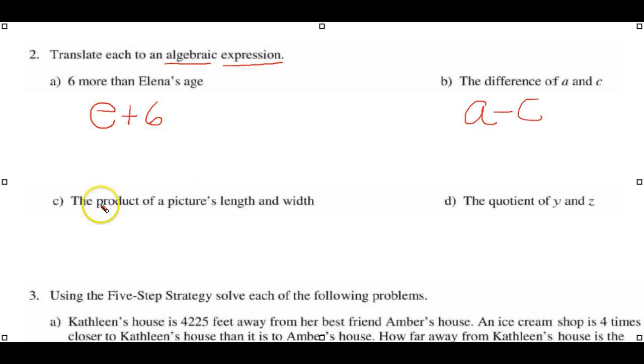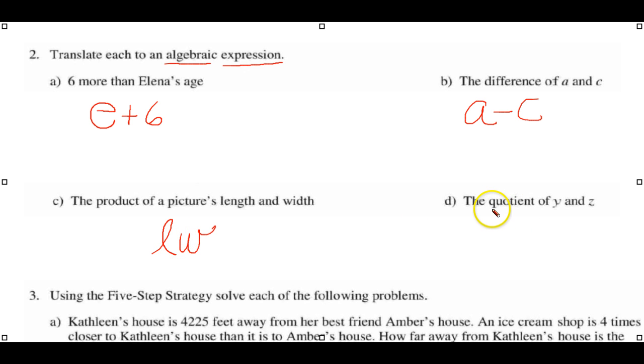Now here we're going to look at the product of a picture's length and width. So here we might use 2 letters, one for L and one for W. Now, since there's no sign between them, it implies multiplication.